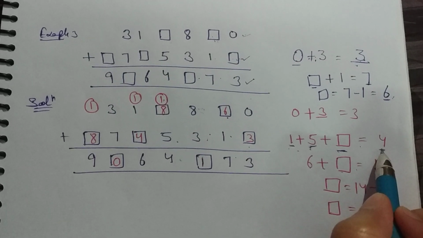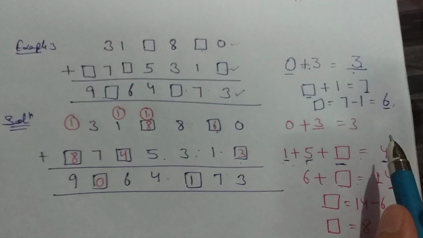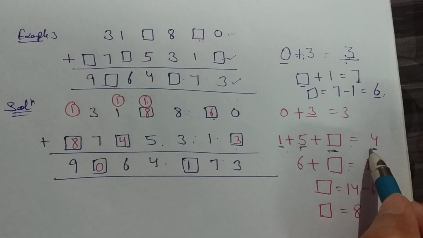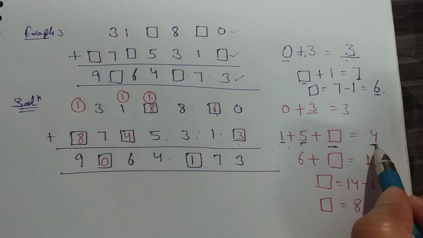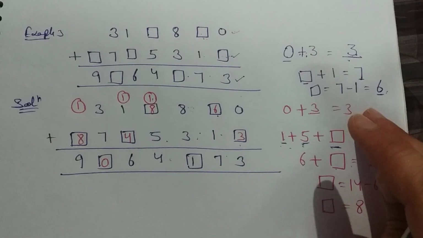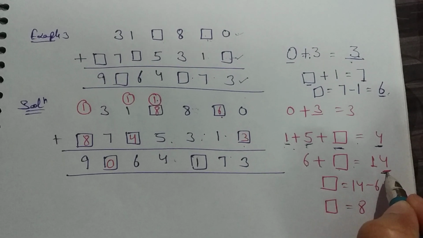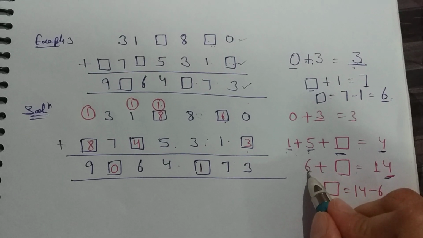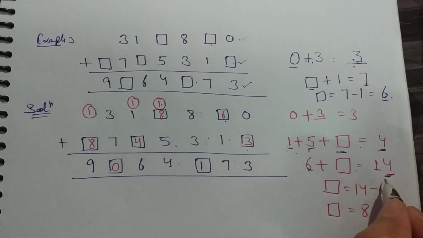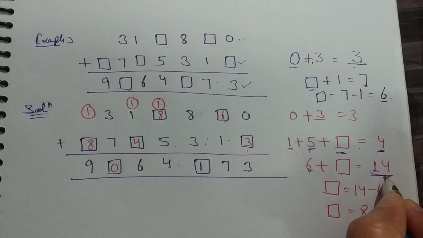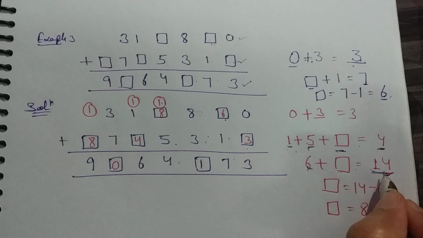Now we all know that it is not possible to put here only 4. We have to find a 2-digit number whose ones place is 4, which is nearest to 6. So we can put here 1 and it becomes 14. 14 is near to 6.